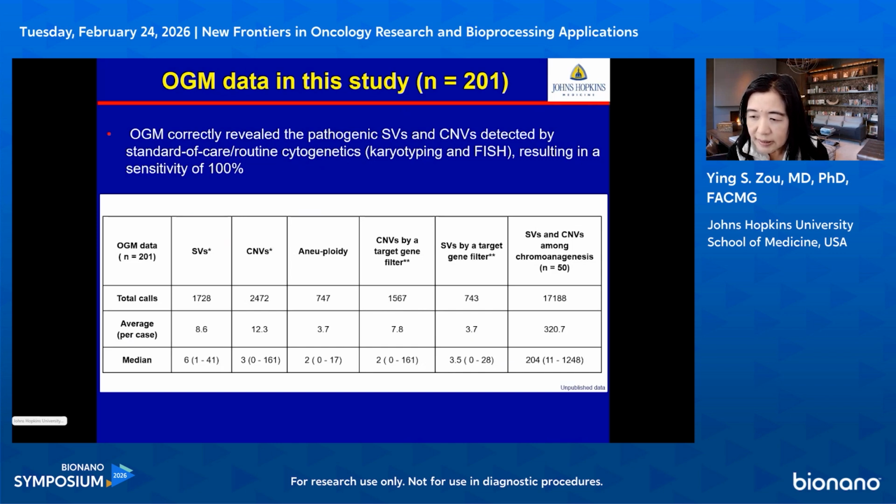Those cases demonstrate recurrent patterns of oncogene gains and tumor suppressor gene losses, with an average of 204 genomic variant calls per sample. Overall, those results highlight how OGM provides a comprehensive view of the genomic landscape in soft tissue tumors.